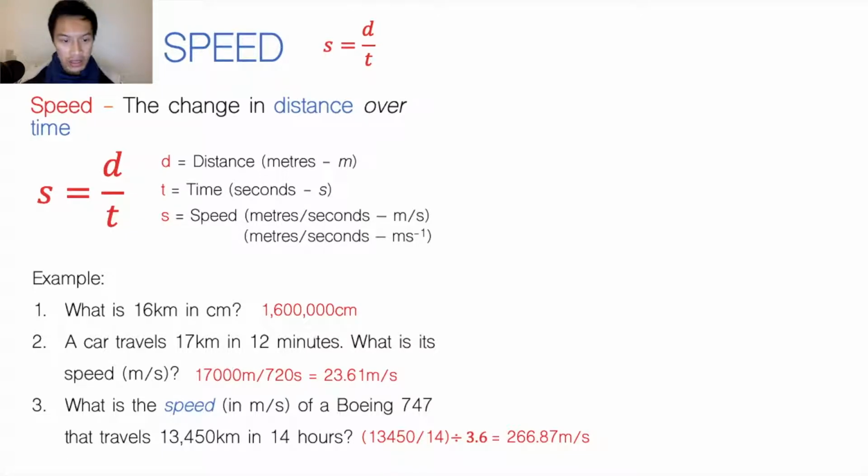You can go about this in the simplified way, which is to calculate kilometers per hour first, and then divide by 3.6 to get meters per second. So I'm going to divide 13,450 by 14, and then I'm going to divide that number by 3.6, which will give me 266.87 meters per second.